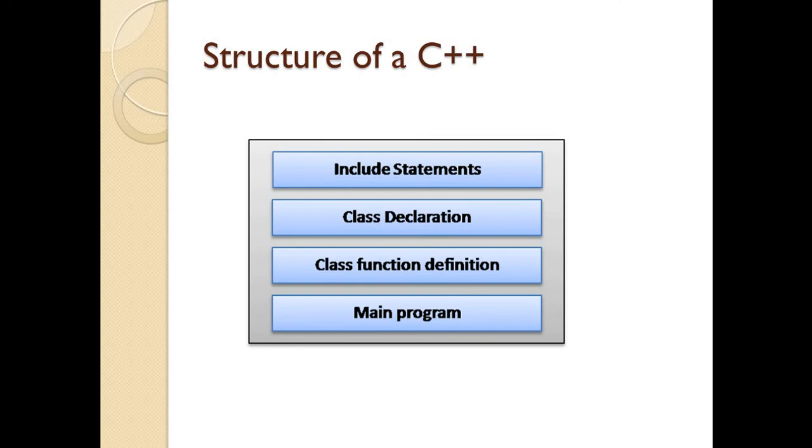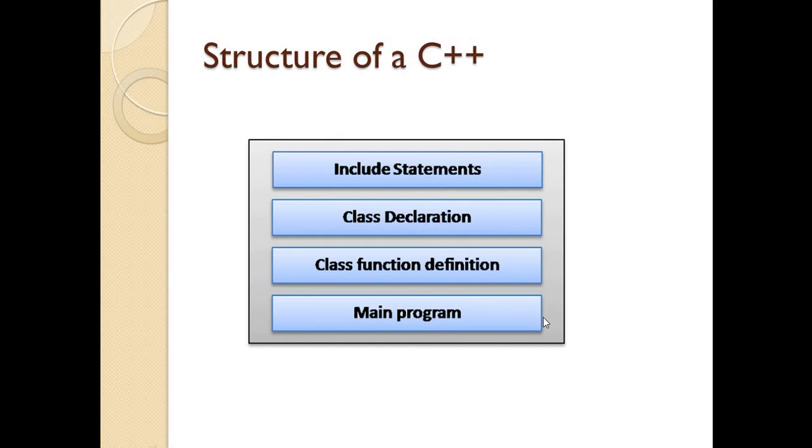The first thing is the include statements, which are the header files. As we have discussed, C++ uses iostream.h. Then we have the class declaration part, which is an important thing in C++. Then we have the class function definitions.